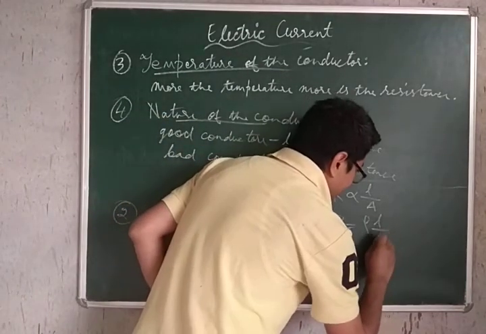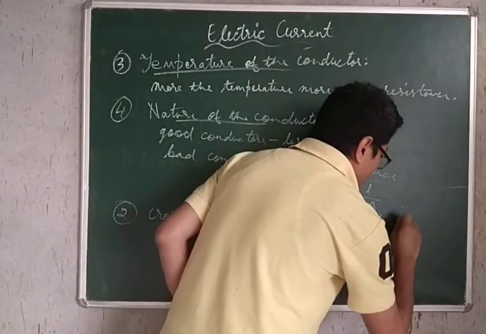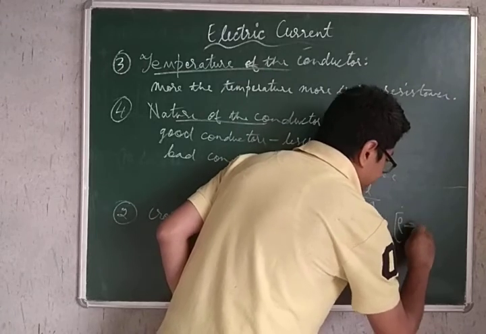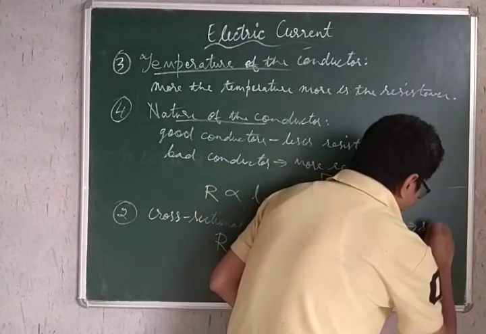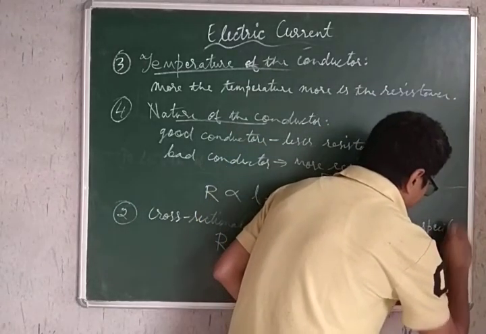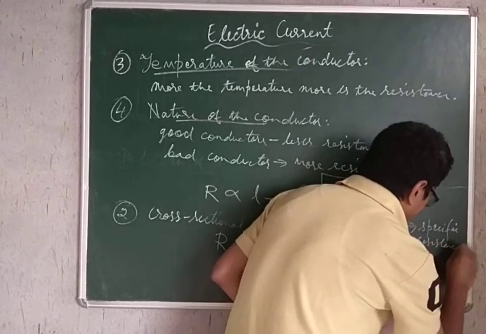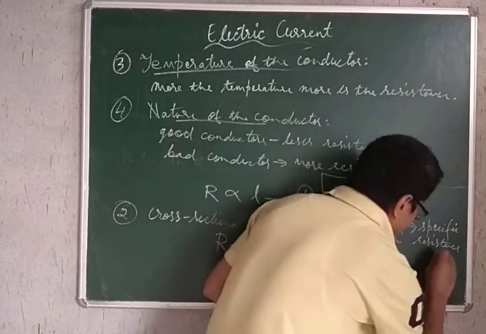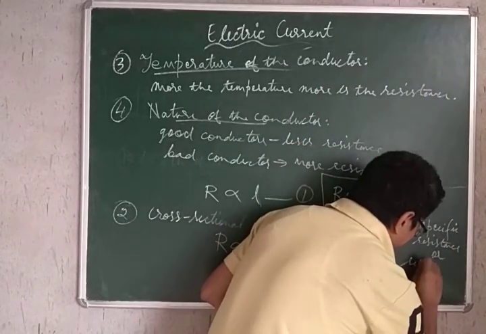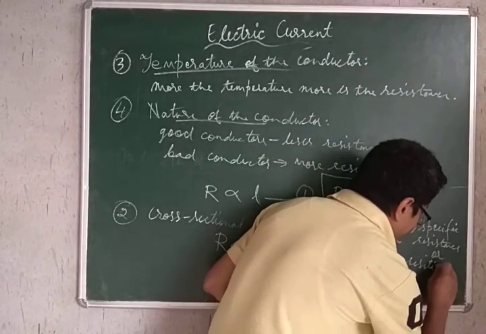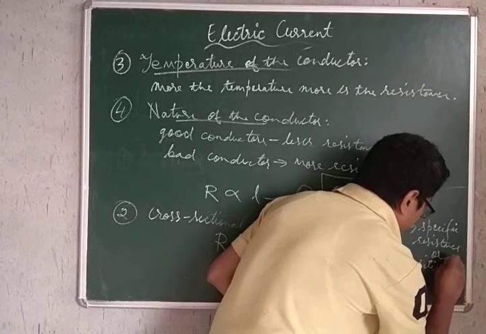This is a Greek letter, of course, and rho is called specific resistance, or it is simply called resistivity.